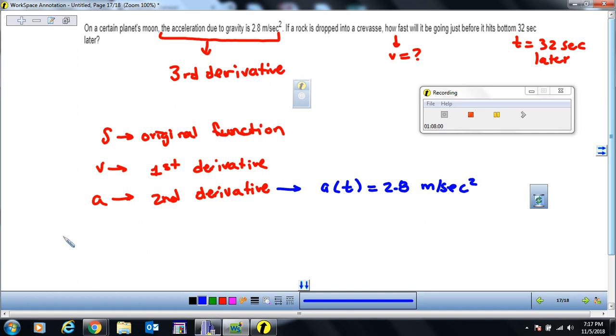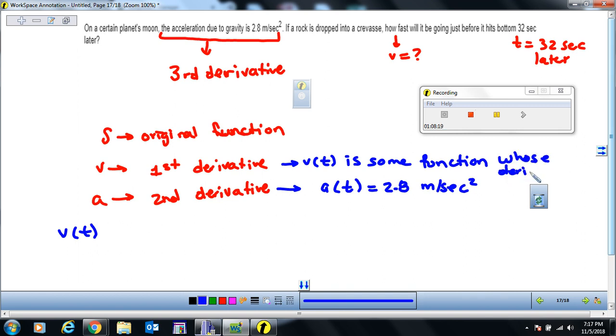So then over here I'm going to write v of t is some function whose derivative is this.